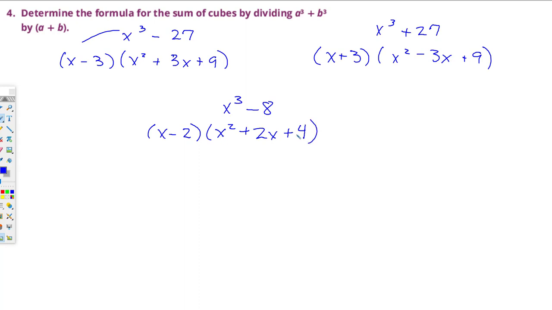And so if I was to come up with a rule for these, what would my rule be? How can I come up with that first parenthesis from the original problem?